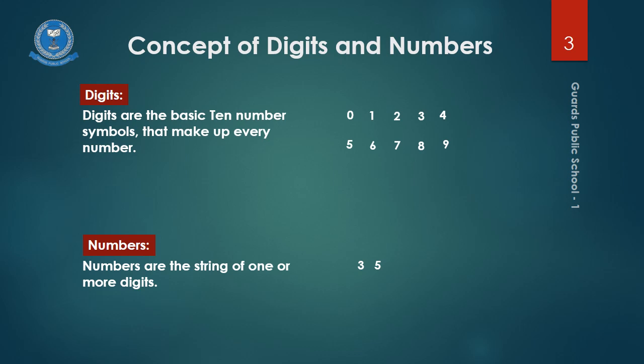As you can see, 3 is a single number and 5 is also a single number. When we put them together, they make up a group, and so 35. Similarly, 2, 8 and 4 together make up the number 284.